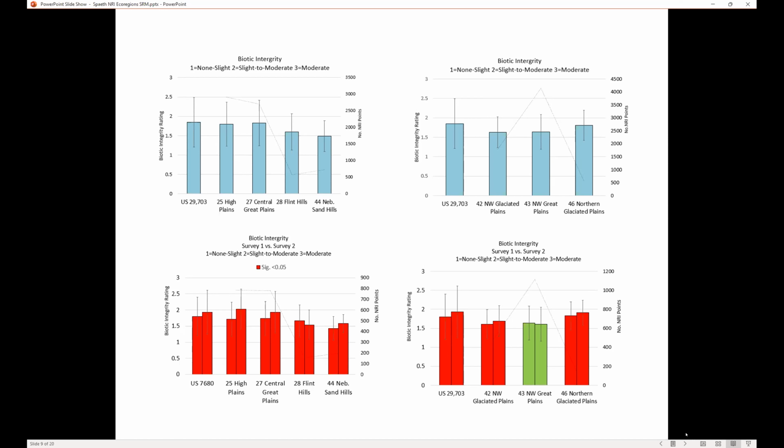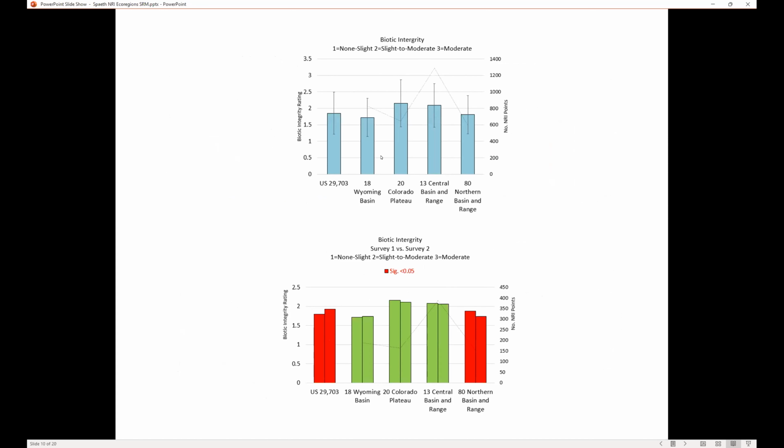And now we'll quickly look at what is going on with most of the West. It's nice to know, for example, in the Wyoming Basin, Colorado Plateau, and Central Basin and Range, there is no significant change between the 6-year period. So this is just showing you the types of things we can look at with the NRI data, but it also establishes a baseline of what are the current trends.